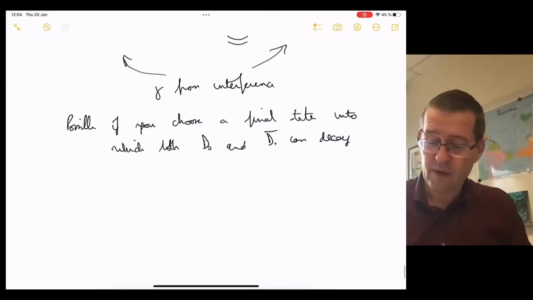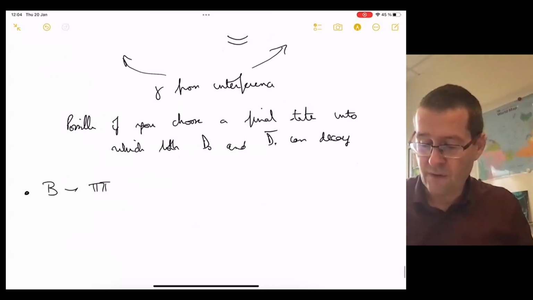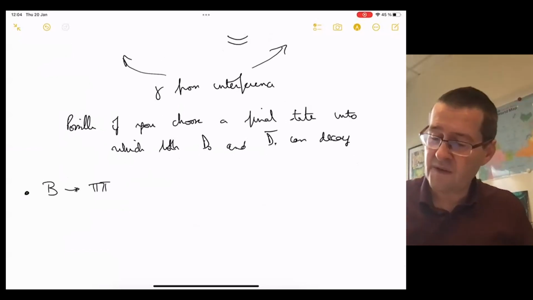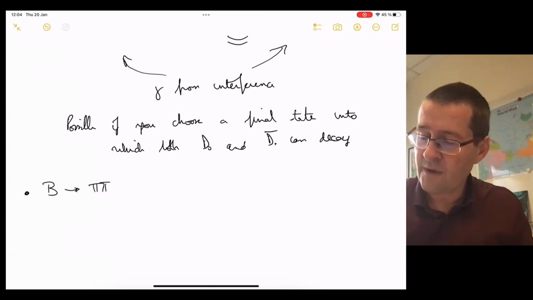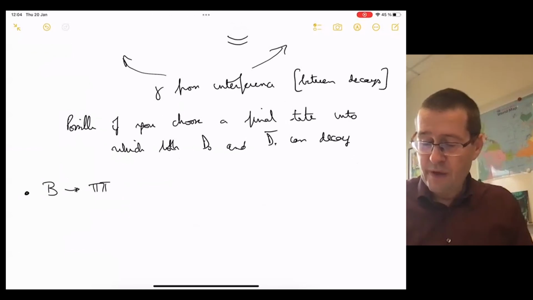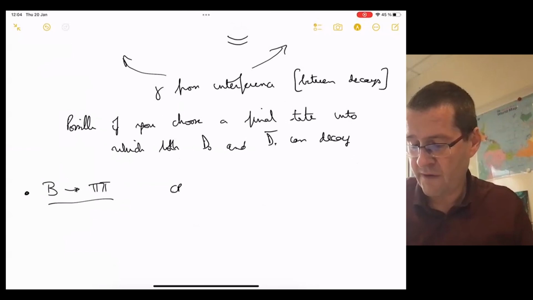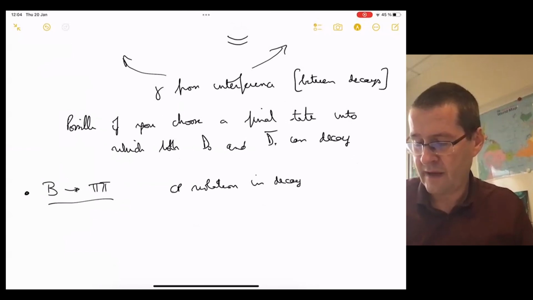The last one I wanted to advertise is that you can also look at B to pi pi decay. So that's an interference between decays here, involving both CP violation in decay and in interference.